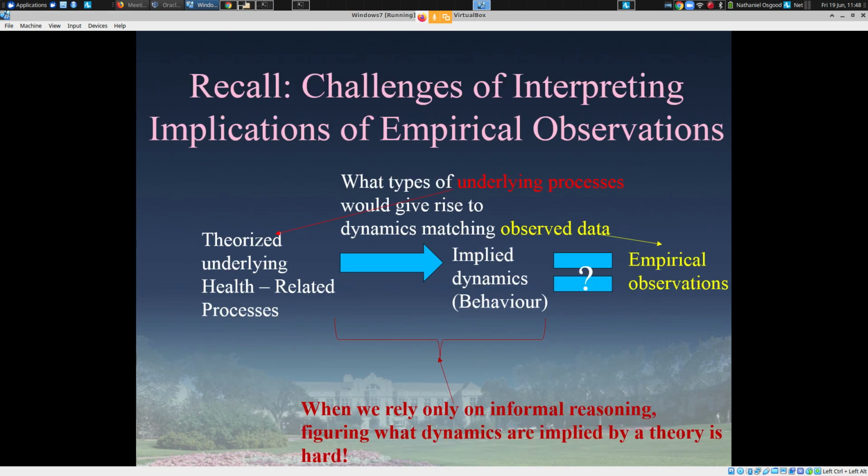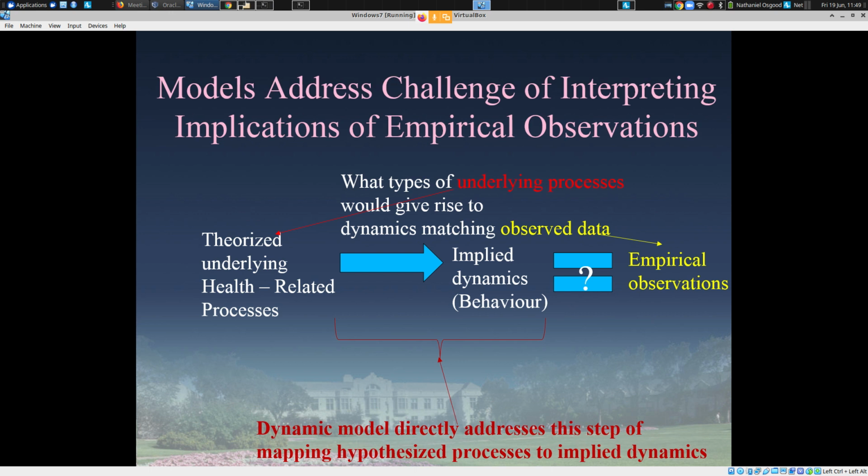And if we rely on informal reasoning, I argue that's very hard to do, to piece it all together in our heads. With a simulation model, we directly address that step. We put a theory in the model, precise enough to be simulated, and we can then see, does it jibe with empirical observations, and does it explain the most salient of them I'm interested in?